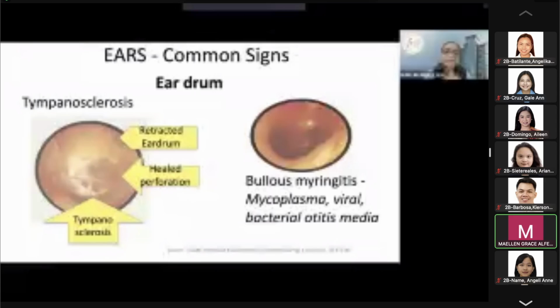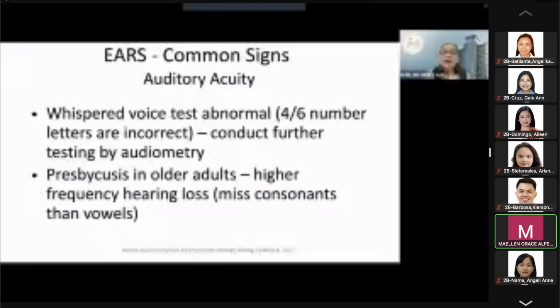Now, if the patient is not able to guess what you have whispered, so 4 out of 6 are wrong, then this means that it is an abnormal whispered voice test and you need to do further testing with audiometry.